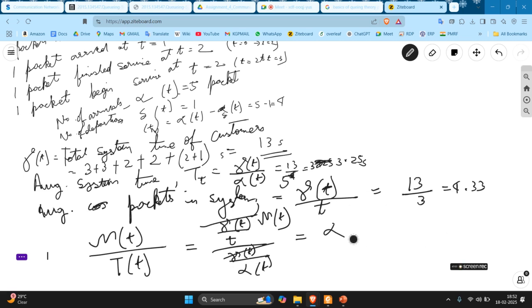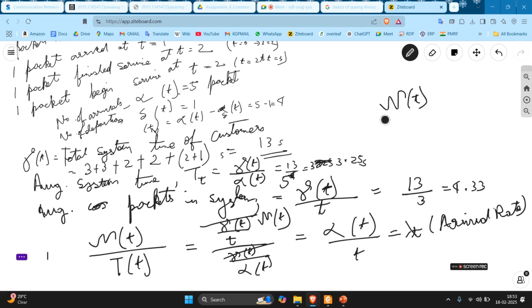Now what is alpha T by T? This is lambda T, the arrival rate. Here also you can verify that if you do this, you will get 13 by 3 by 13 by 5.